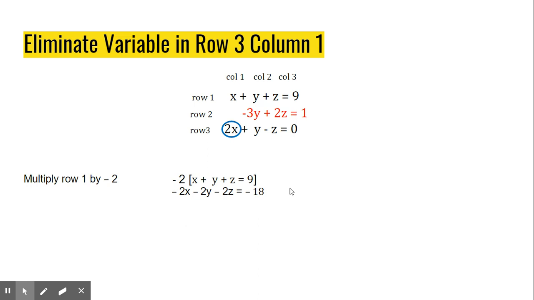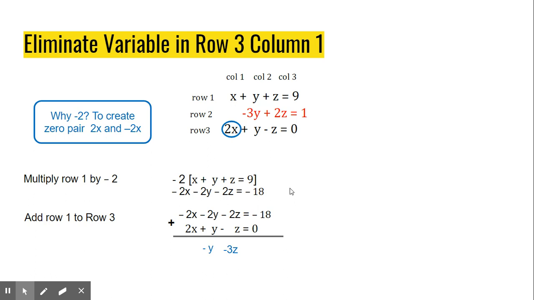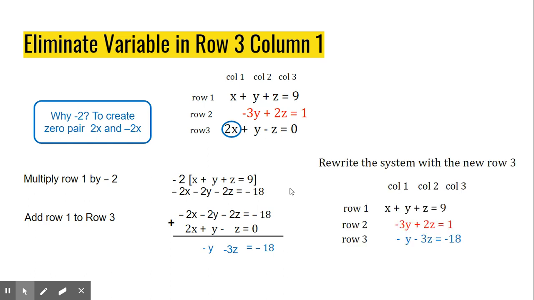I'm going to take that equation and add it to row 3. That will cancel out the 2x in row 3, column 1, and I end up with -y minus 3z is equal to -18. Again, it's very important for you to be able to keep track of your work that you rewrite your system at this point.